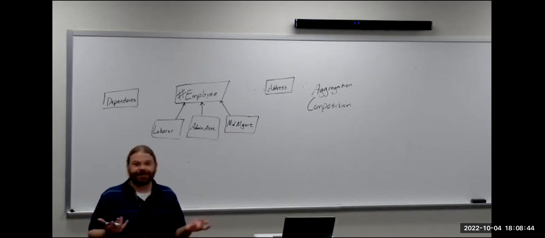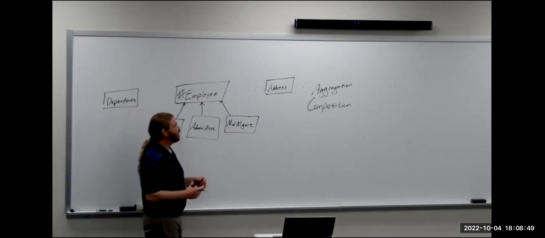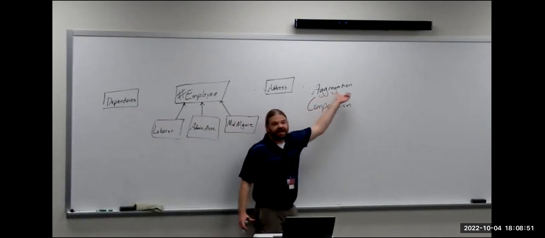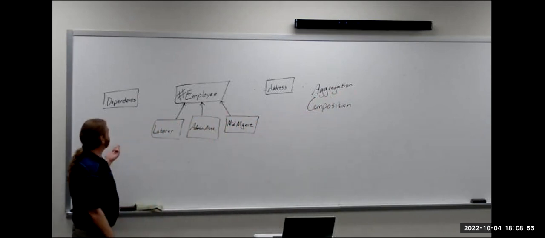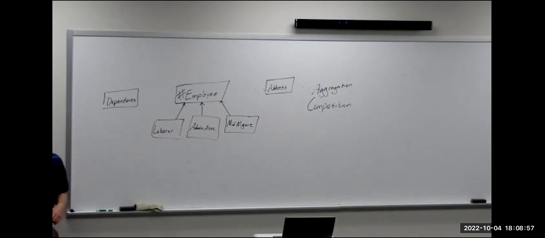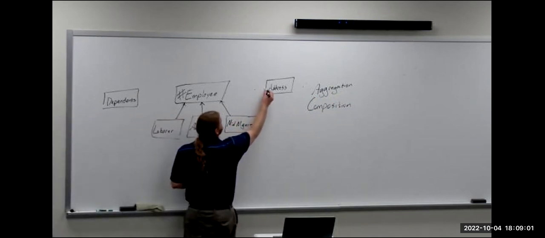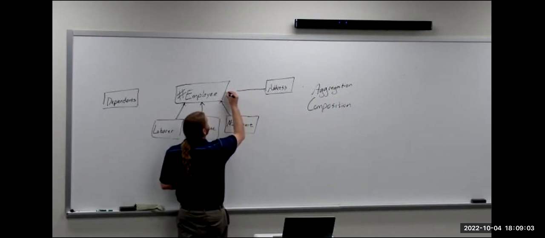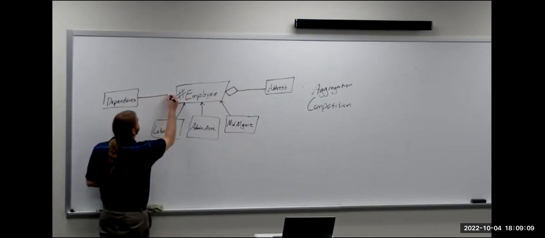So a lot of that word doesn't get used as much in common English, but it's a loose collection. So these things are going to be a loose collection. And we indicate that relationship with a solid line with a diamond on it in our UML diagram.